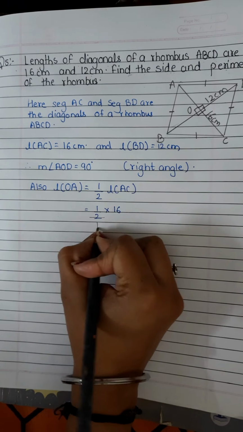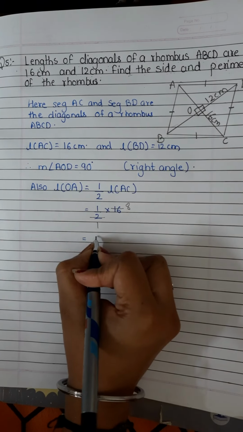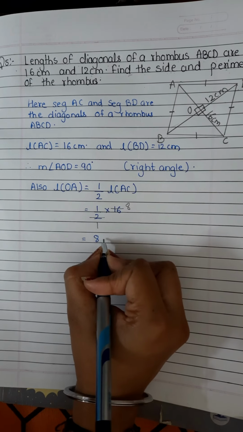Two ones are 2 and 2 eights are 16. So here length of AO is equal to 8 cm.